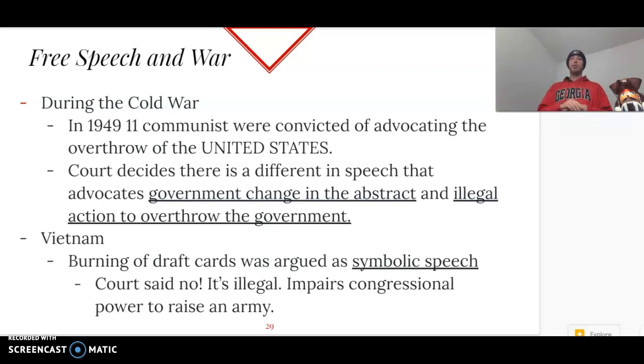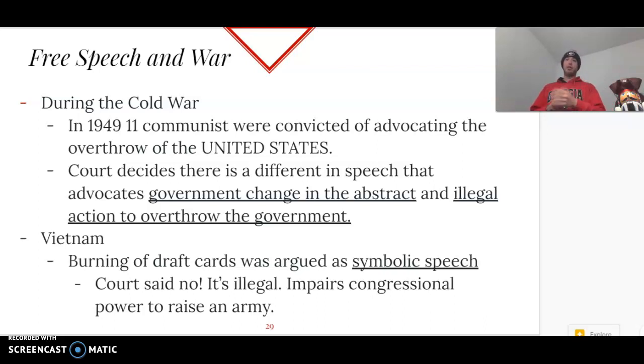I want to just bring your attention to this Vietnam thing because this is the example we will go to a lot throughout this unit. The burning of draft cards. So when you get drafted, you get a little thing in the mail that tells you when and where you are to report, which military base. And we're going to talk about how symbolic speech plays a role in this.